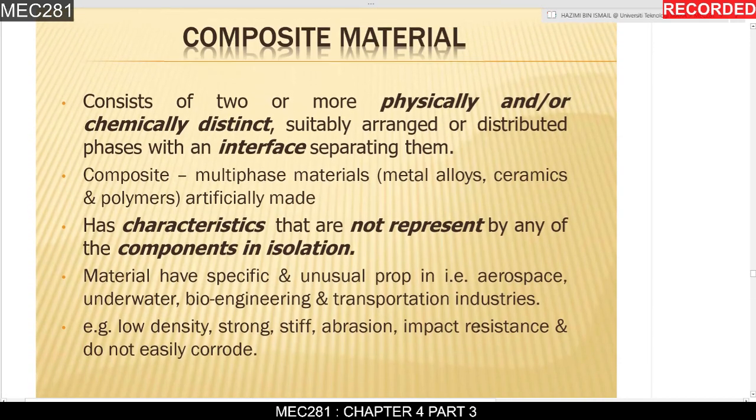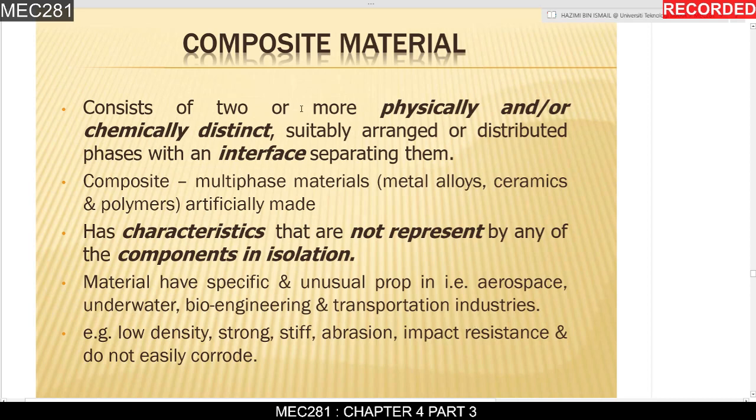Okay, so let's go to the basics of composites. The definition of composites is the material that consists of two or more physically and or chemically distinct, suitably arranged or distributed phases with an interface separating them.